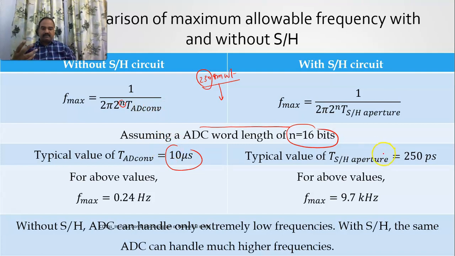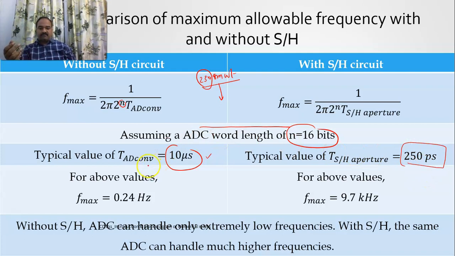Whereas if you have a sample and hold circuit, the acquisition time of the sample and hold circuit is very, very low. It will be of the order of 10 to the power of minus 9 seconds, whereas for an ADC converter, it will be of the order of 10 to the power of minus 5, minus 6 seconds. See the biggest difference. This is an approximation which I have taken.